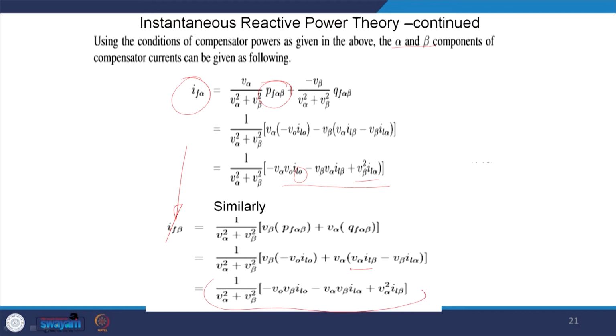Similarly, you get an expression, and you see that it is almost the same, there is not much difference in it, and the denominator is the same: V alpha square plus V beta square, minus V 0 V beta and I L. Here since it is I beta, this will come. Similarly, this will be the cross component, I alpha I beta, here it is beta so there will be alpha.